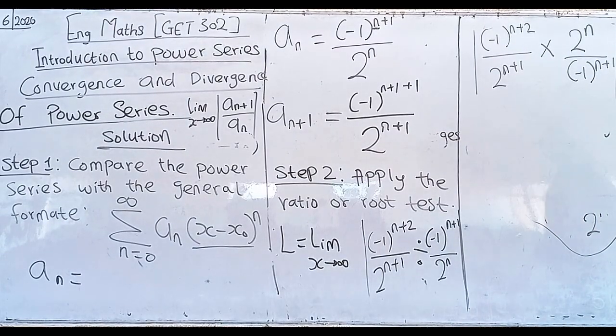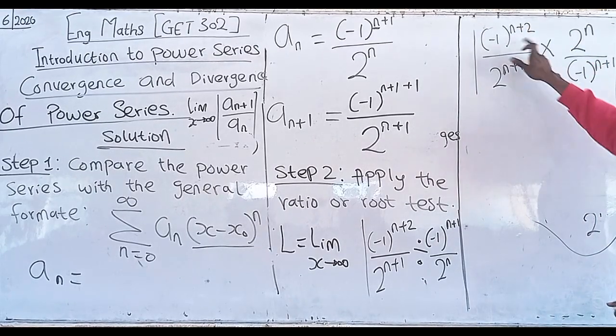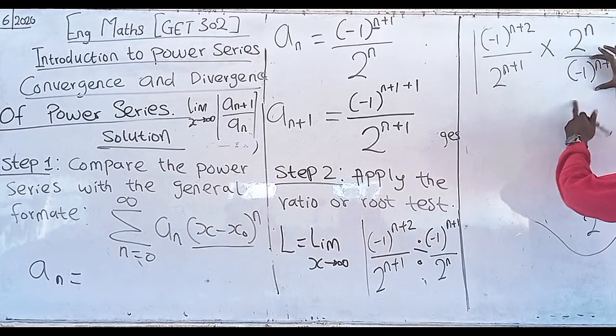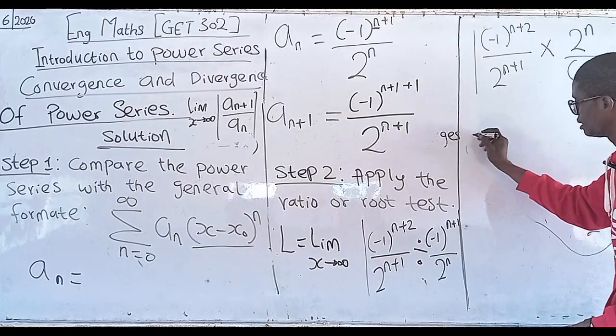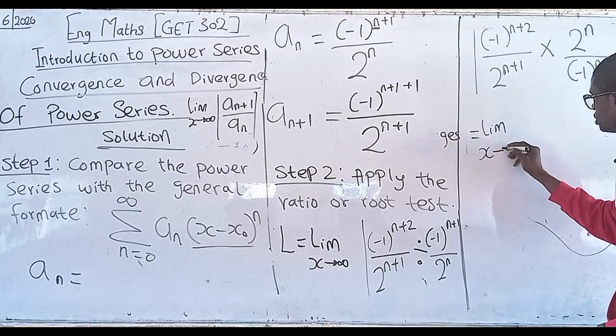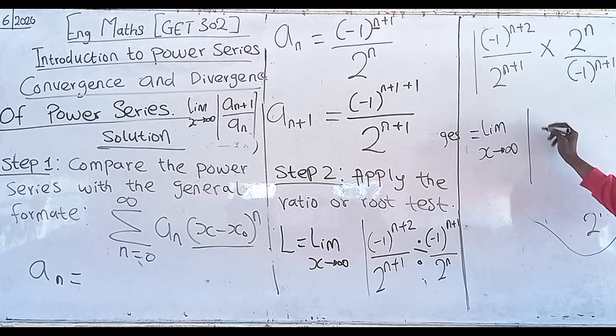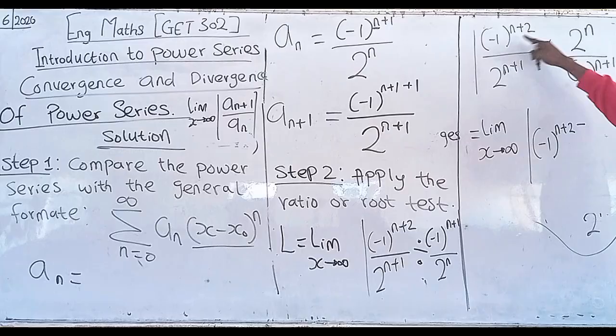Are you getting it? So in this case now, I'm multiplying. This guy and this guy are the same base, so I can carry this one over to this place. This divided by this will now give you, according to indices, remember we have limits as n approaches infinity, (-1) to the power (n+2) minus (n+1), because of this law of indices: they are the same base, so you subtract the power because it's dividing.